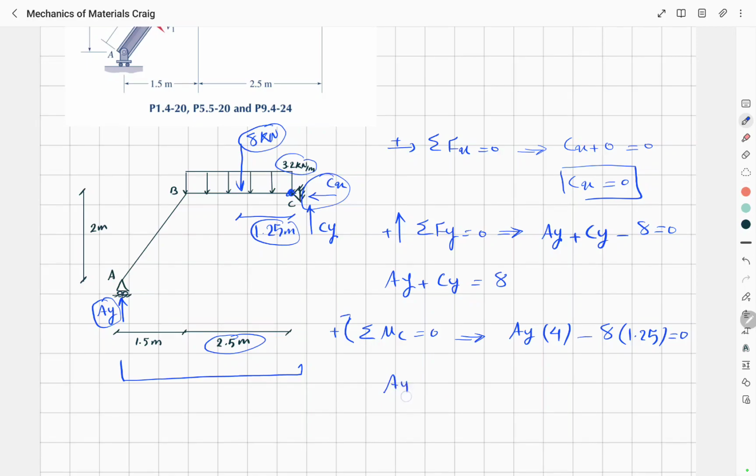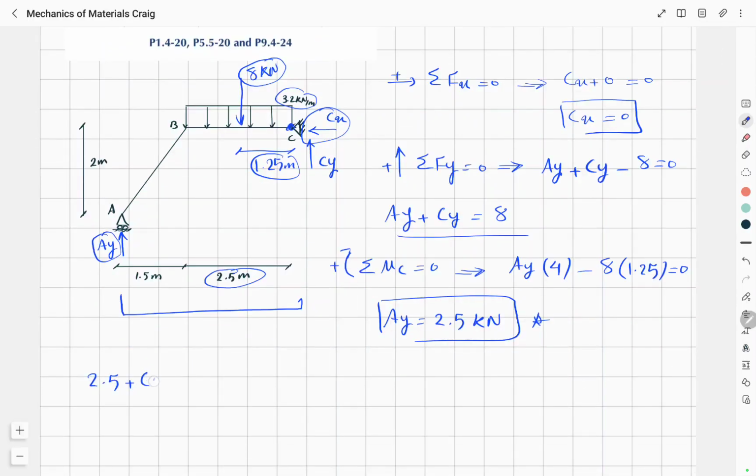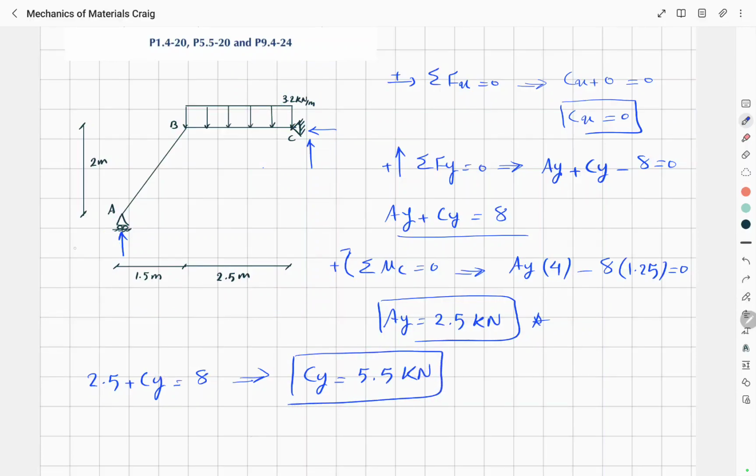So AY will be equal to 2.5 kilonewton. And now if we put this AY in this equation, we have 2.5 plus CY is equal to 8, and this will give us CY equal to 5.5 kilonewton. So this is 2.5 kilonewton, this was 0, and this was 5.5 kilonewton.